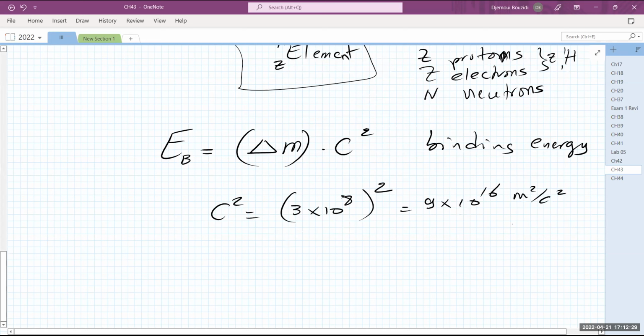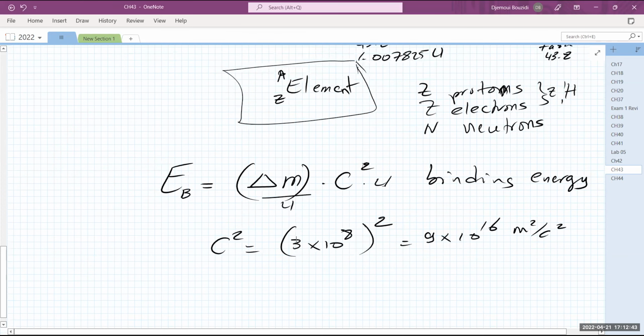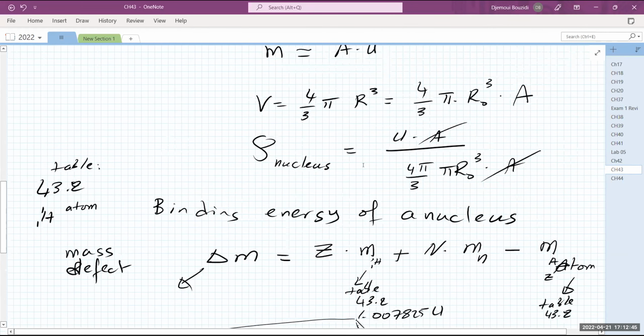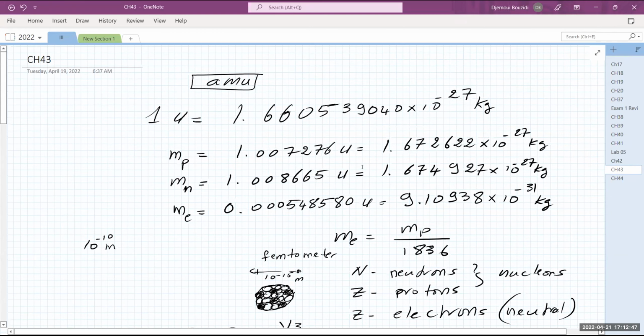One way of converting this to an energy is to multiply by u and divide by u in here. And I'm just going to be dealing with those coefficients in front of them. So in other words, I'm not going to be dealing with the u in this expression.